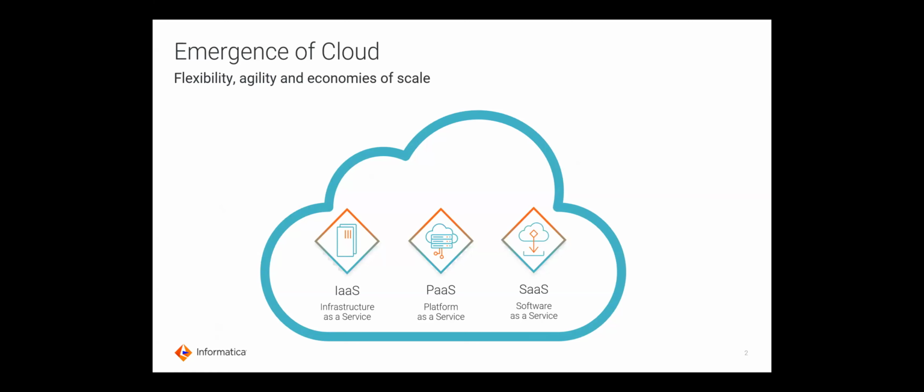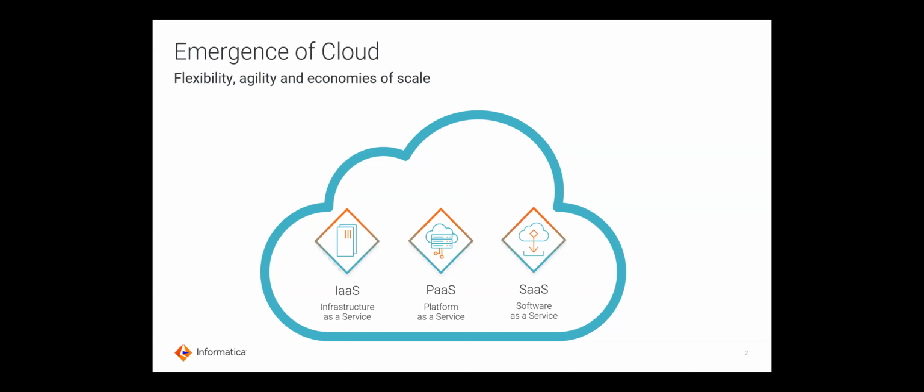So just to set up some context, the emergence of cloud has changed the dynamics of the entire tech industry, wherein storage became cheaper. The pricing model changed compared to perpetual licensing, and the business models have changed as well.